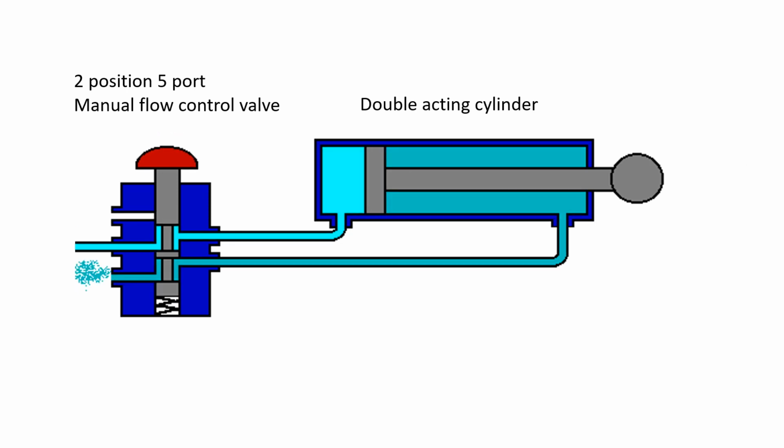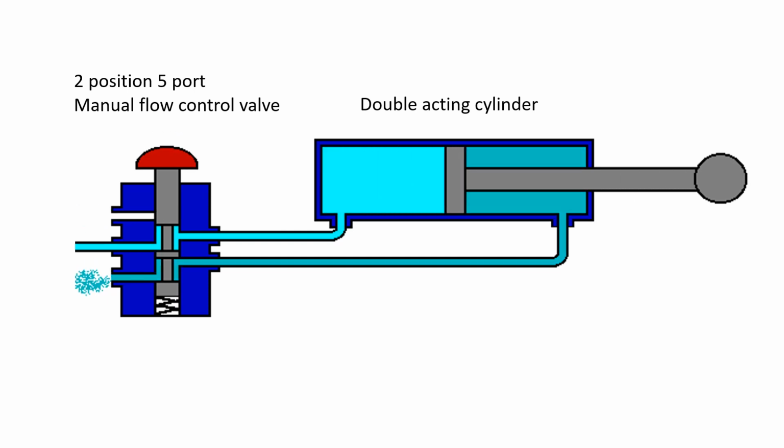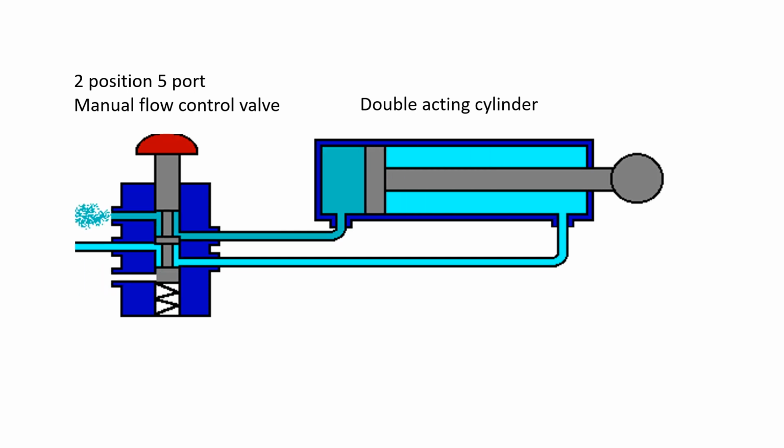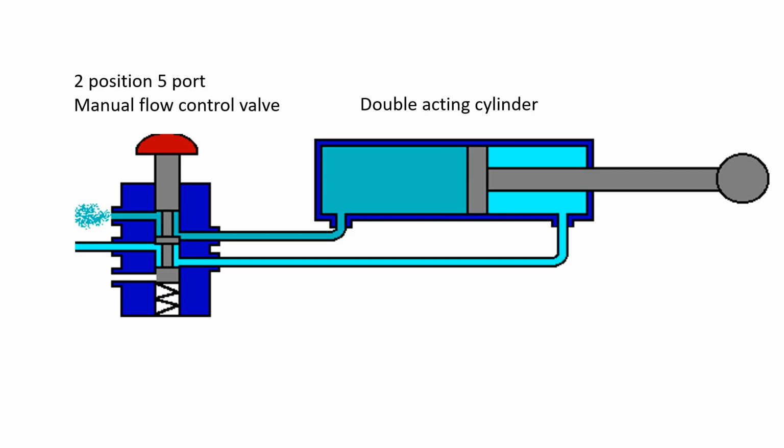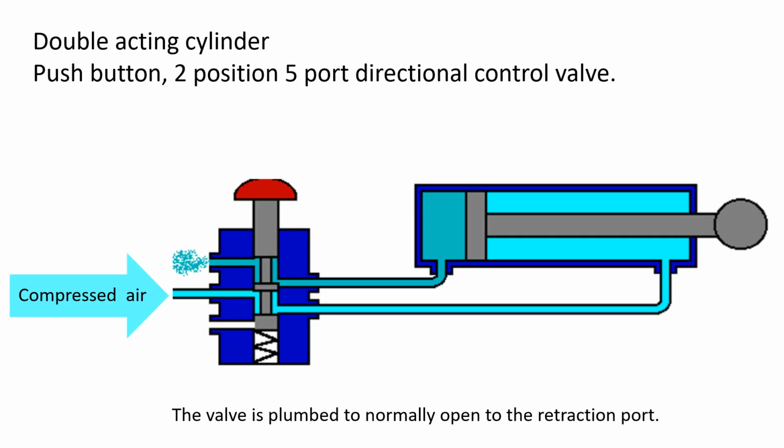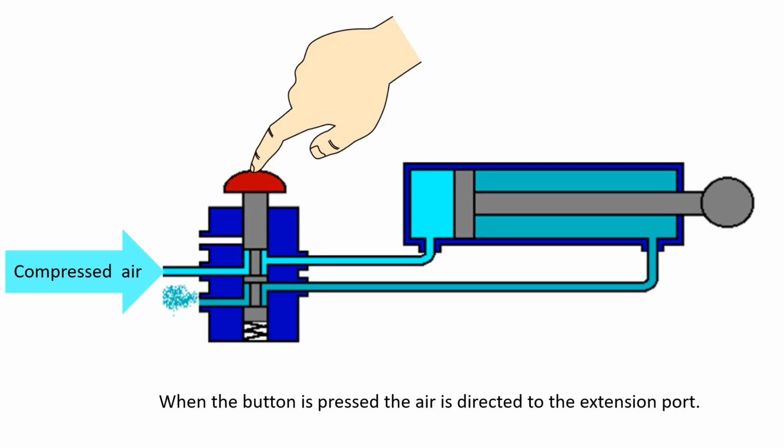Let's fix this by using a double-acting cylinder and a 2-position 5-port directional control valve to drive the push rod in both directions. When the button is not pressed, air is fed to the retraction port, keeping the push rod in its retract or home position.